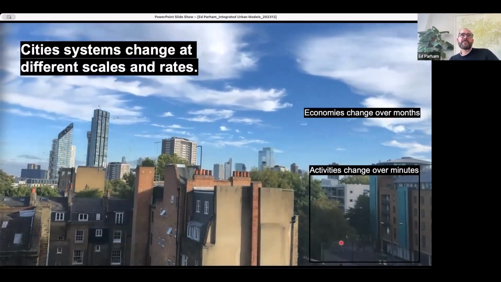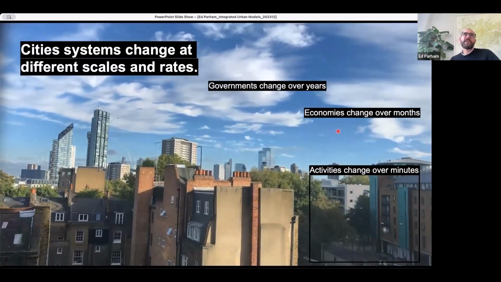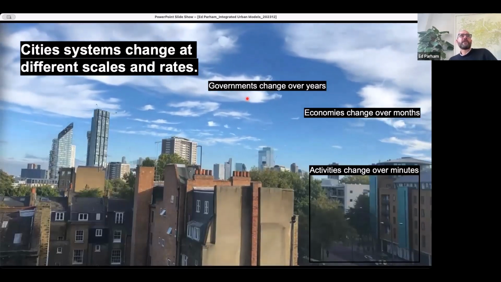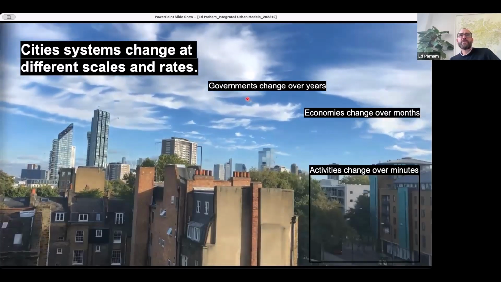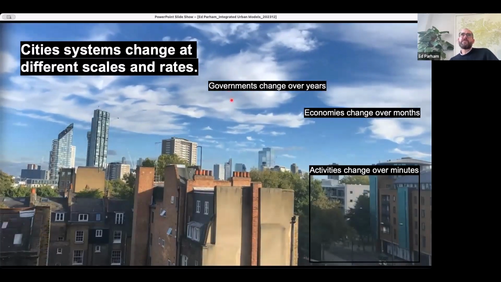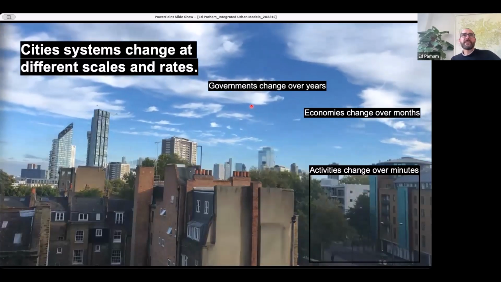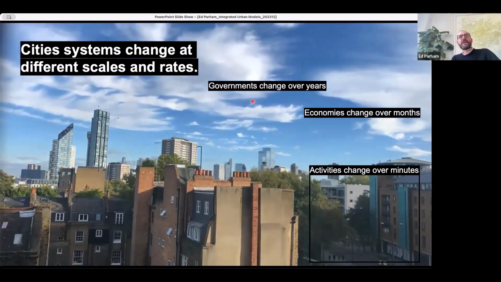Other things which are affecting the city change at different rates. Sometimes economies change very quickly, sometimes they change slowly. There are political decisions made about the way that spatial policy and planning policy happens. Sometimes, if you're lucky, governments change slowly. In the UK, we've had, I don't know, 6 governments in the last 5 years or something insane. It's been changing really quickly.